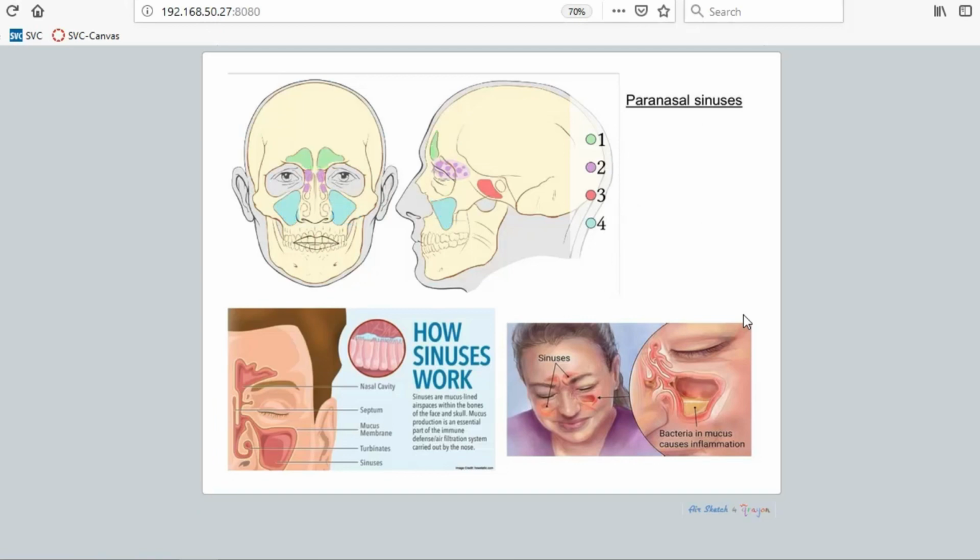Well, these paranasal sinuses are also lined with pseudostratified ciliated columnar epithelium, and they're actually connected to the nasal cavity by these little tubes. And so what happens is that air that comes in the nasal cavity is able to go into these sinuses, and it basically serves the function of filtering air.